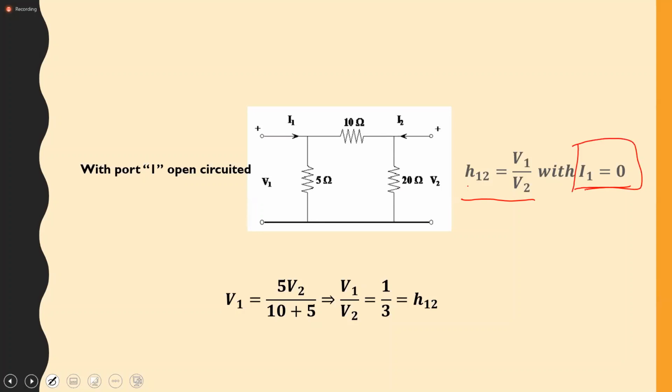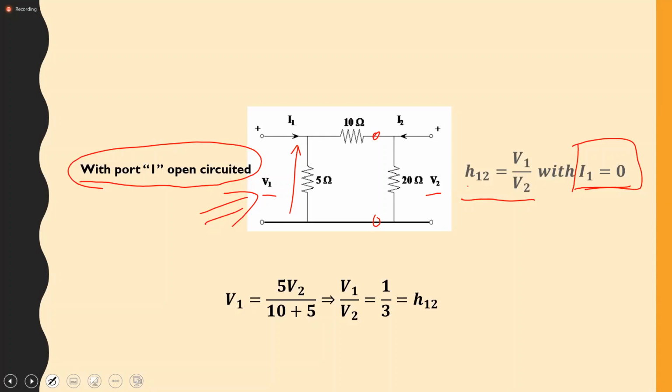I1 being equal to 0 means that this port 1 is open circuited. So based on the network as shown, I need to determine the relationship between V1 and V2. V1 would be the voltage across the 5 ohm resistor. Agreed? V2 would be the voltage between those 2 points.